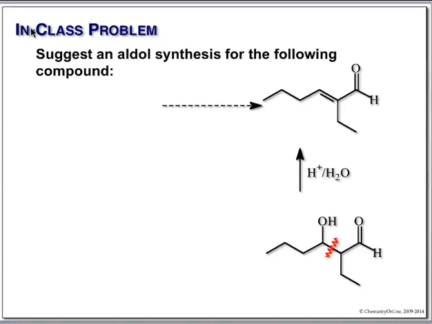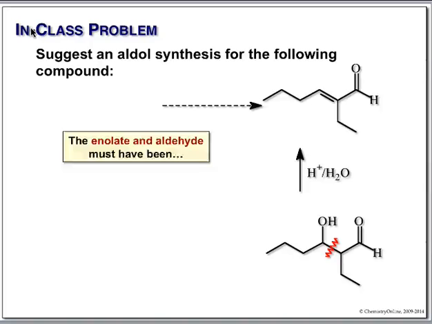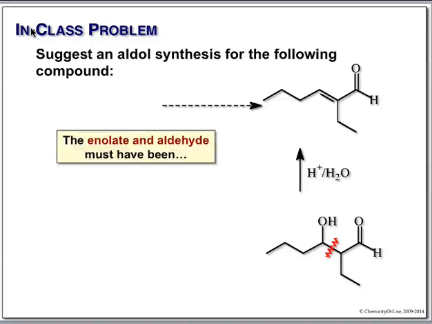That's butanal, isn't it? And the other half is our alpha carbon. That was the nucleophile. And again, it's 1, 2, 3, 4 carbons. So it's the enolate of butanal.